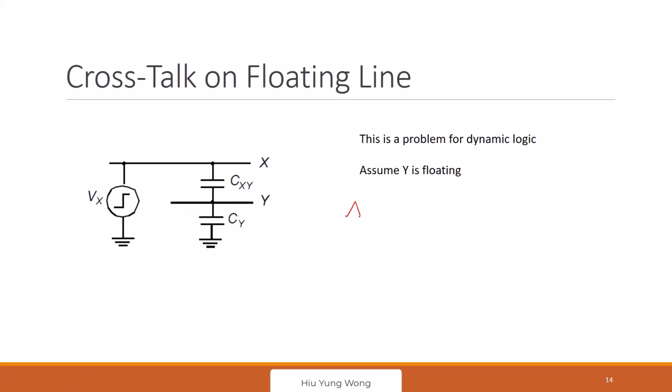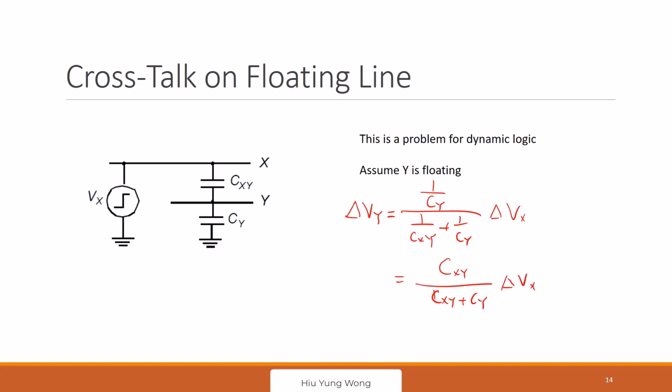So we say the delta voltage at Y, you just use the voltage divider, 1 over Cy divided by 1 over Cxy plus 1 over Cy, right? Because this is just effective impedance, if you put it into the frequency domain. So then you get Cxy divided by Cxy plus Cy.